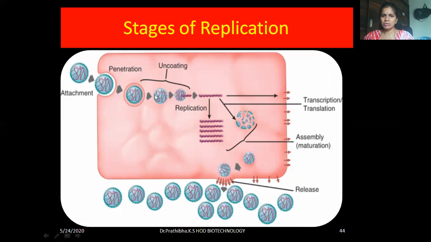Once the uncoating is done, it moves towards replication, transcription, translation, then assembly. Once maturation happens, the matured viruses will be released from the cell. You can see the release of many viruses.